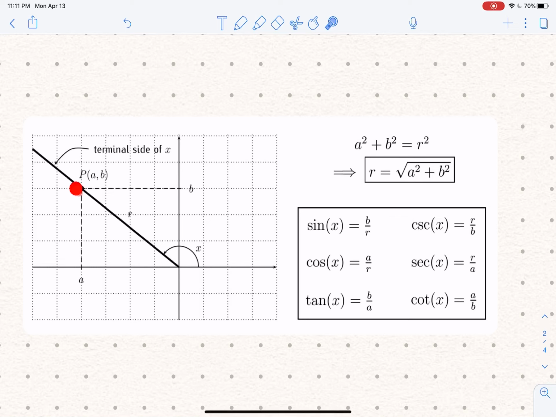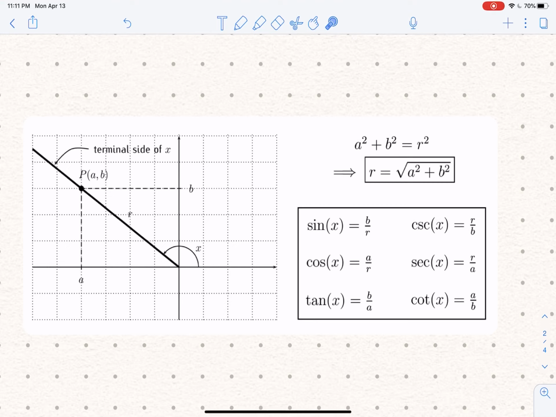And if we think of this as our basic triangle, it's the vertical side divided by the hypotenuse. Cosine is equal to a divided by r, so the cosine is somehow the bottom divided by the hypotenuse. And the tangent is b over a. So a is this distance here, b is here. So that's sine, cosine, and tangent.